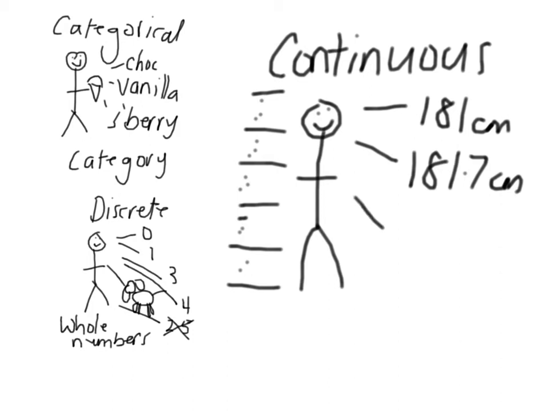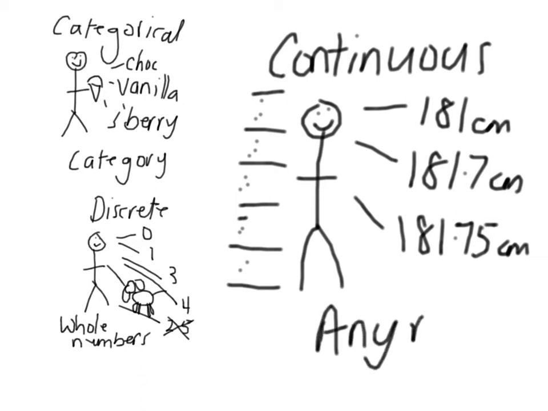Or someone else might say, I'm 181.75 centimetres tall. So you can see that the continuous data can be any number. It doesn't have to be one number. It can be one number, or it could be 3 numbers or 5 numbers, or it can just continue to be more than one number. So you just need to remember that with continuous data, it can be any number.